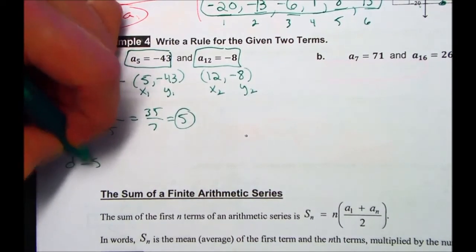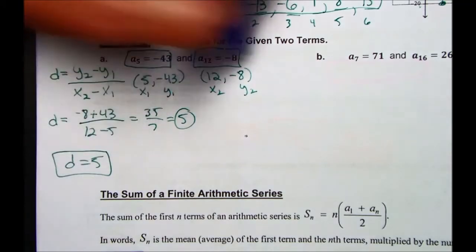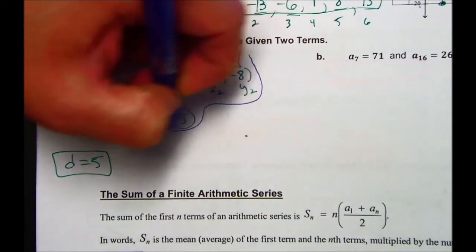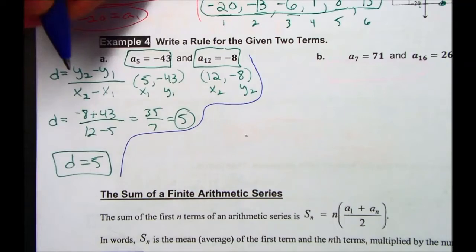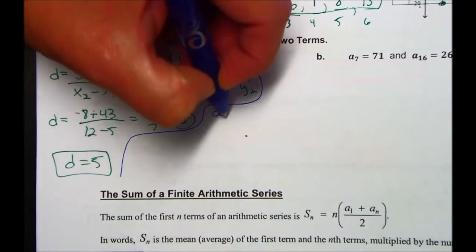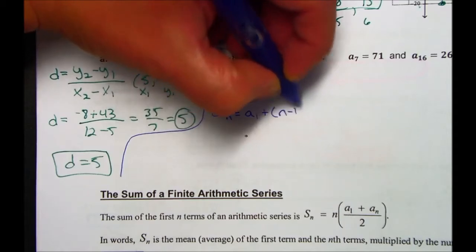D equals 5. Well, now that we know our common difference, we can do what we did in the last example to find our first term. We have to find the common difference, and we have to find the first term of the sequence in order to write the rule. All right, so again, a sub n equals a sub 1 plus n minus 1 times d.